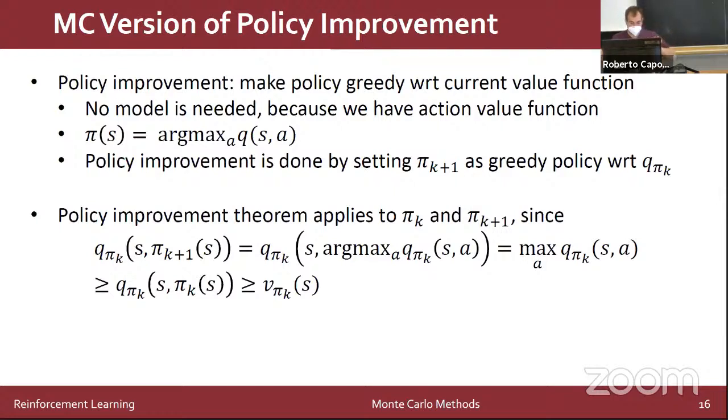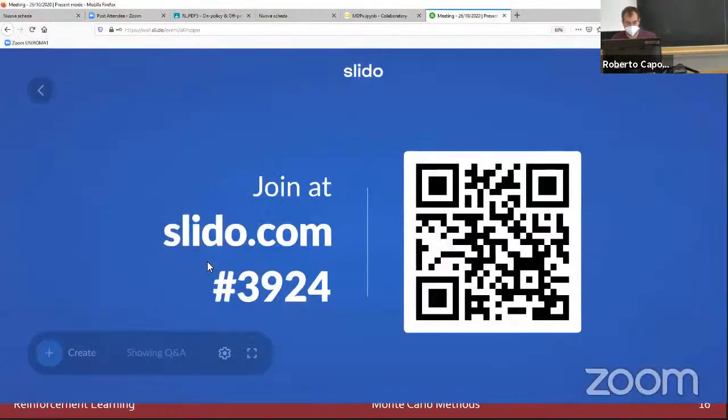Now, it's also clear that by following this policy, I will obtain new episodes, new returns that will allow me to compute a better value function, because I will be estimating the value of a better policy. And by looking at a better value function, I can improve my policy as well. And this is the key idea.